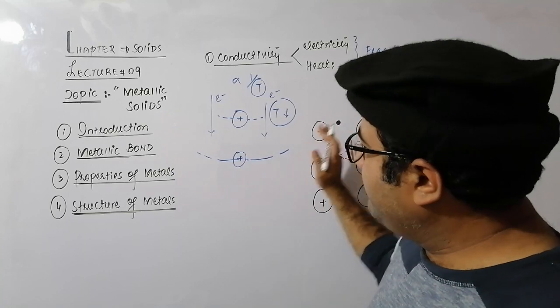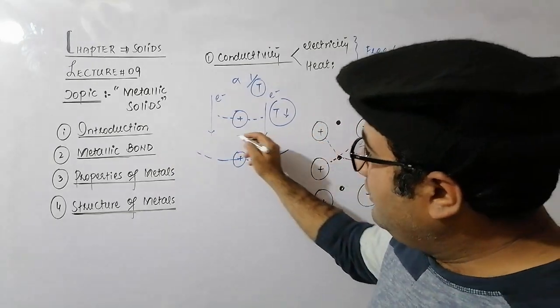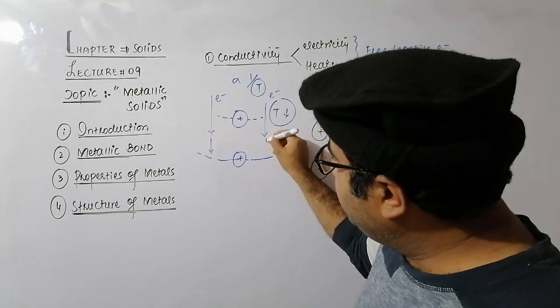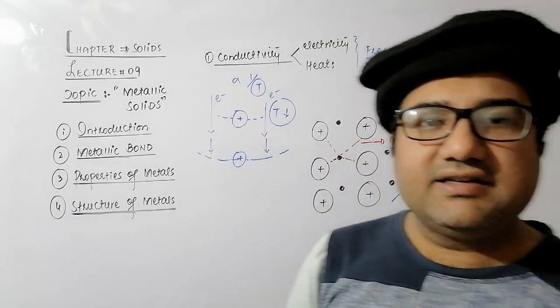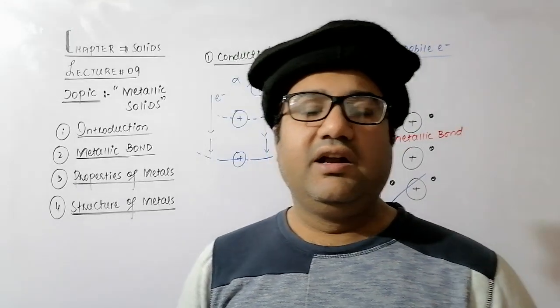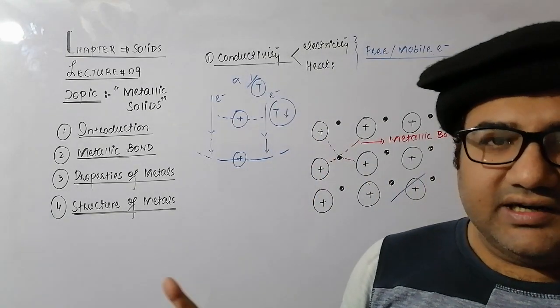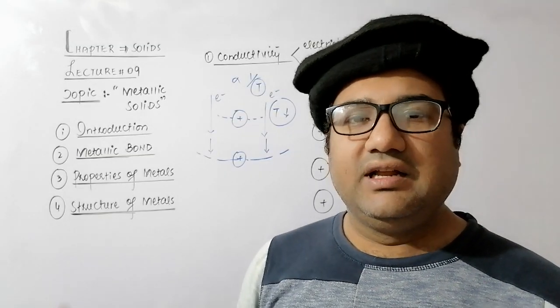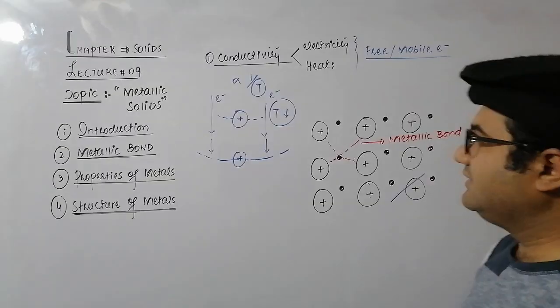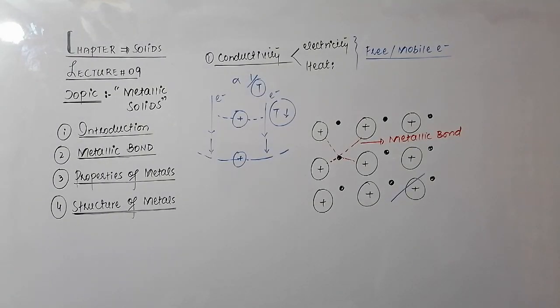Now it will vibrate with a greater amplitude. Now the electrons cannot easily pass from either side. This creates hindrance to the flow of the electrons, due to which the conductivity decreases. And we may also say that by increasing the temperature, the resistance of the metal increases. So this one is the conductivity.